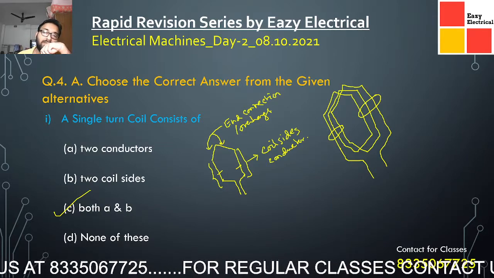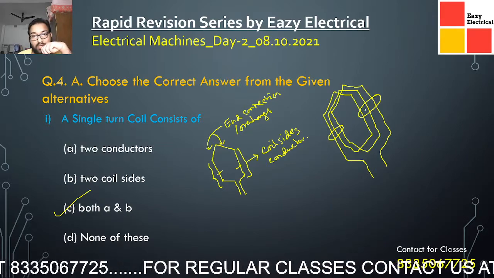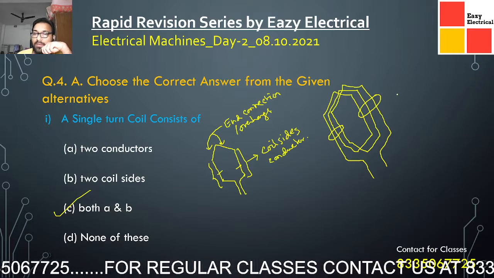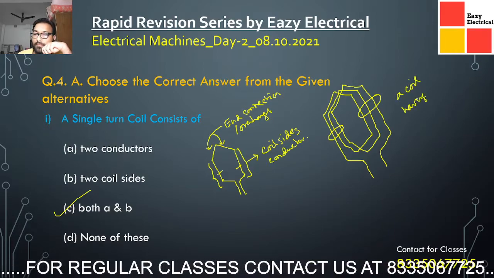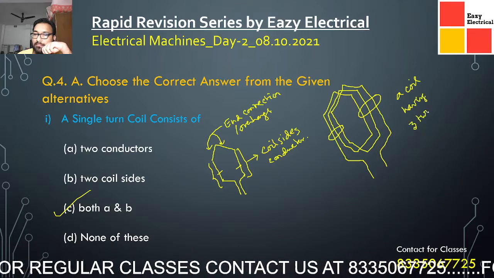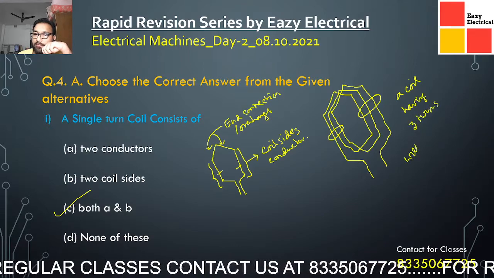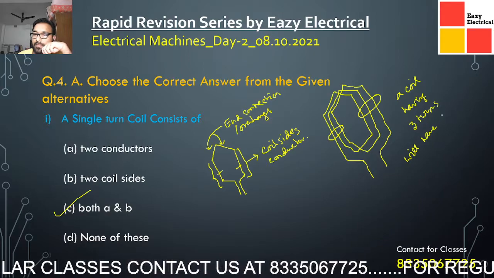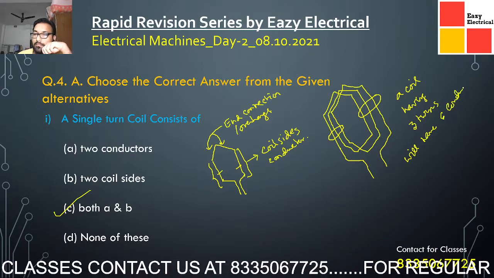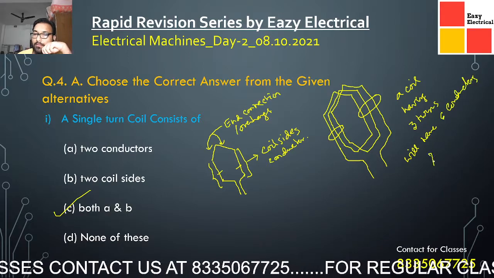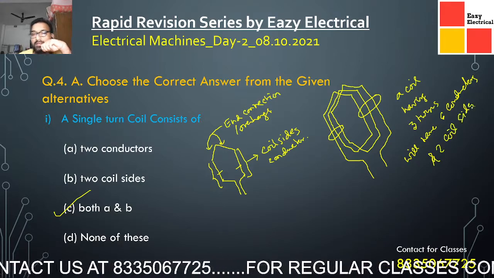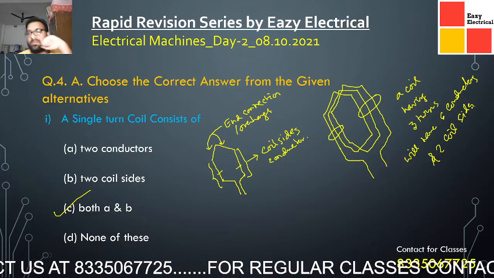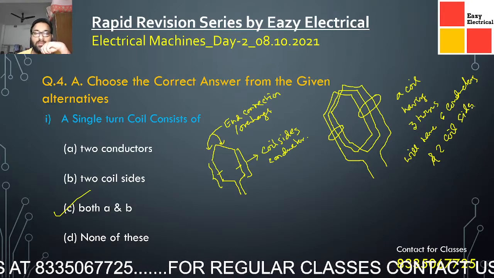Here you can see 3 plus 3, 6 conductors are there. So you can understand from this figure, a coil having say 3 turns will have 6 conductors and 2 coil sides. Now if we increase the number of coils, in that case the coil sides will increase, otherwise the coil sides will always be 2.